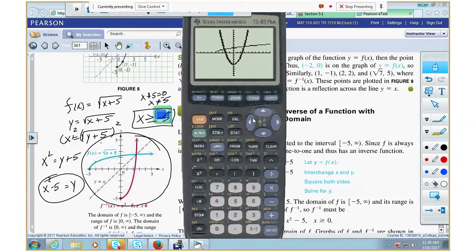And then you can do y is equal to x, because that is your oblique axis. I can't find x, is it? Anyway.